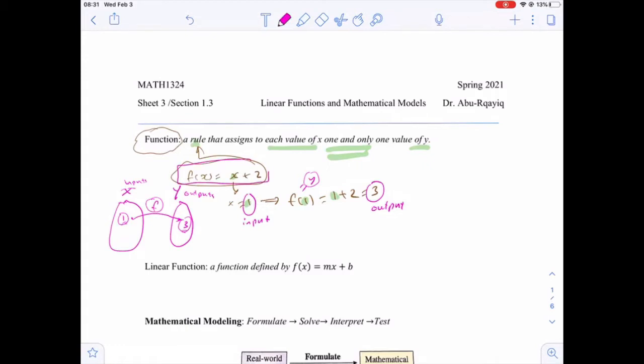The rule says that you take a value and you add 2 to that value to get the corresponding value from y, from the range. So the inputs represent the domain, and the outputs are the range of the function.